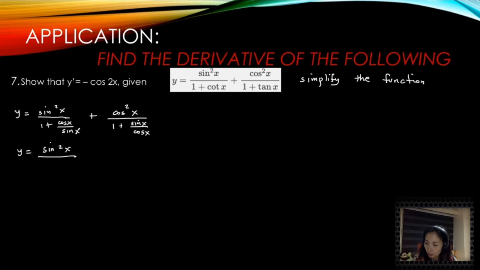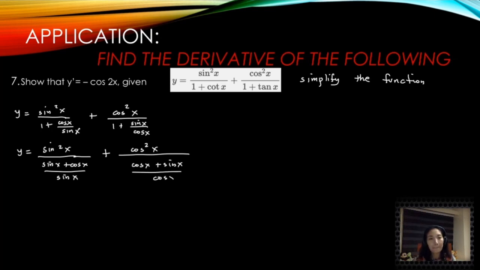This is equal to sine x plus cosine x all over sine x, plus cosine squared x all over, express this into a single fraction also, cosine x plus sine x all over cosine x.